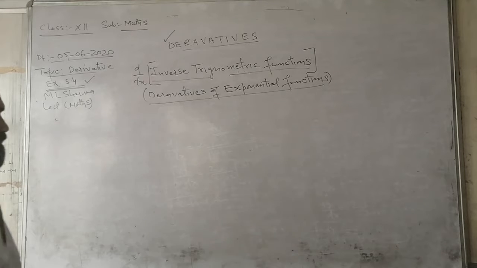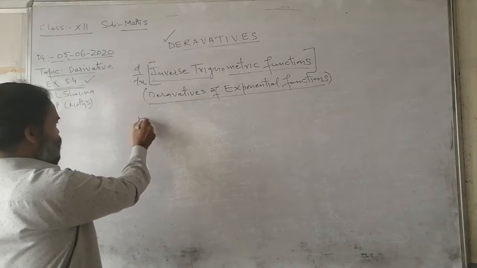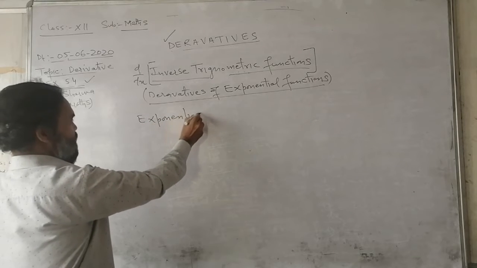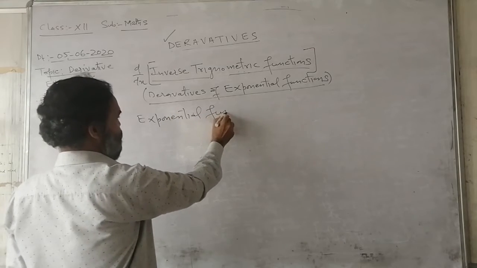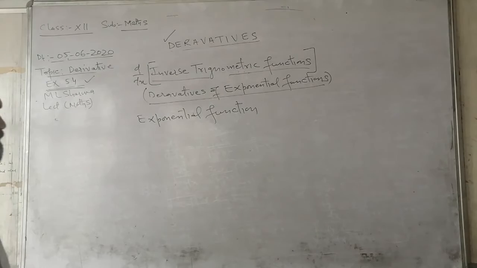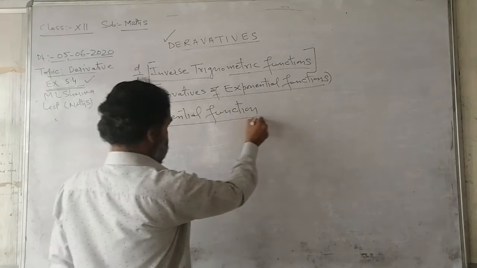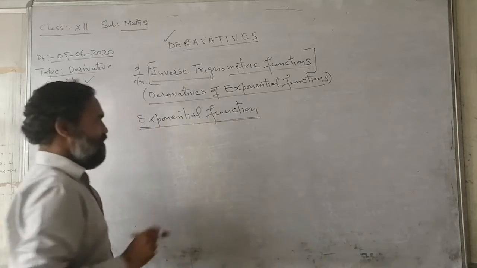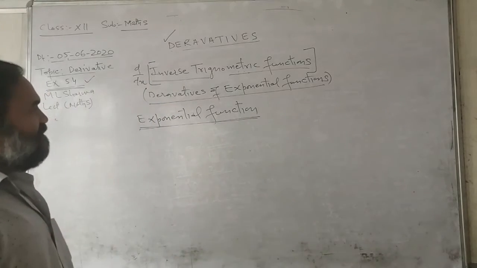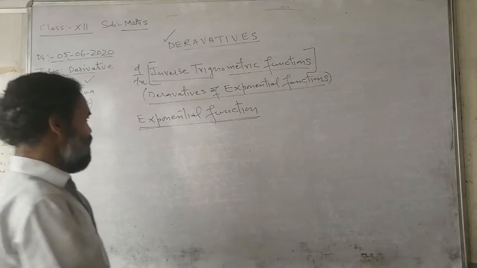Now the question is, what is an exponential function? We have different types of functions. An exponential function is a type of function whose value goes on increasing or decreasing.